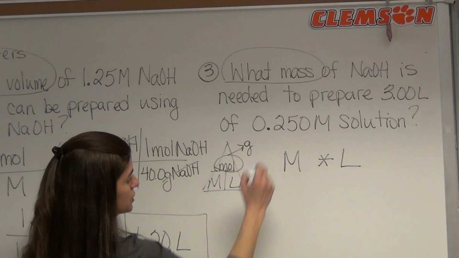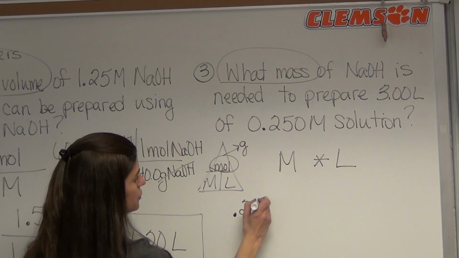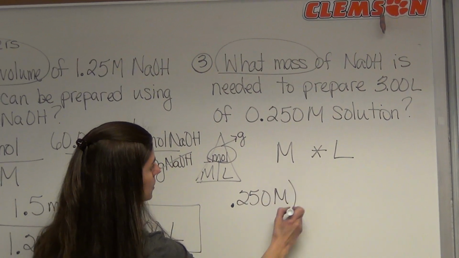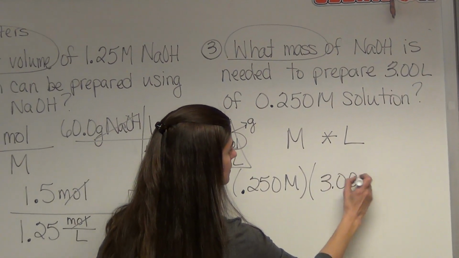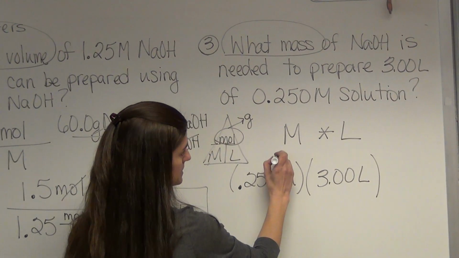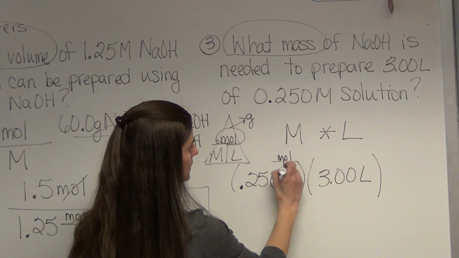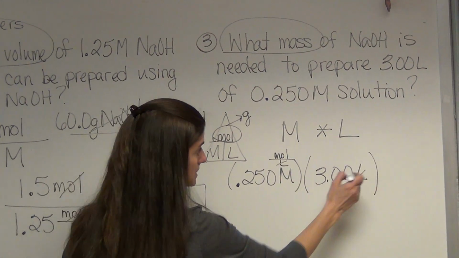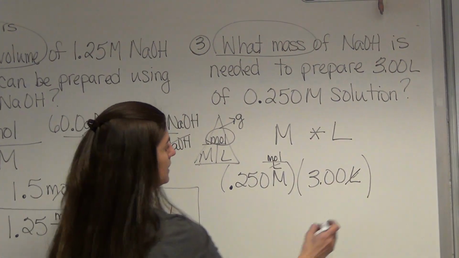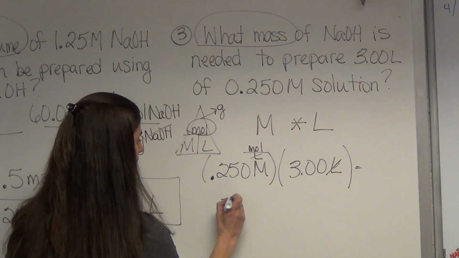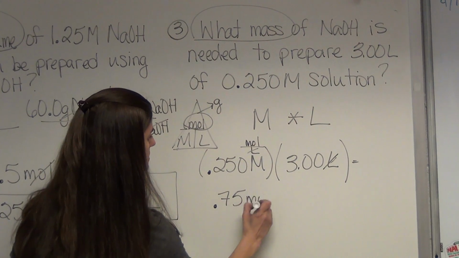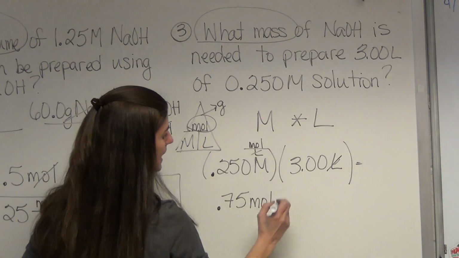Well, the molarity given to us, 0.250 molar times 3.00 liters. Remember, this is moles over liters, so our liters are canceling out. Multiply it out, we get 0.75 moles of NaOH.